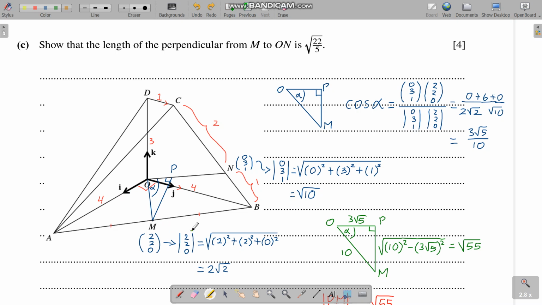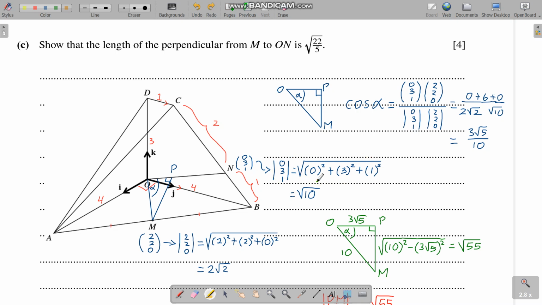To find the magnitude, we use the usual. And for the point N, we go in this direction, which is 3j, and this direction, which is 1k. So that's 0, 3, 1. To find the magnitudes, we use the formula, we get this.